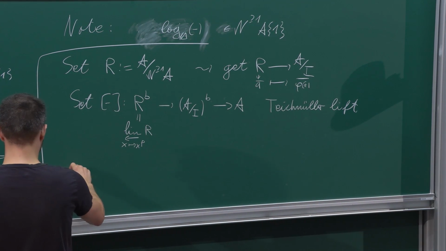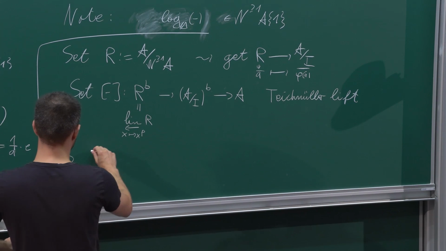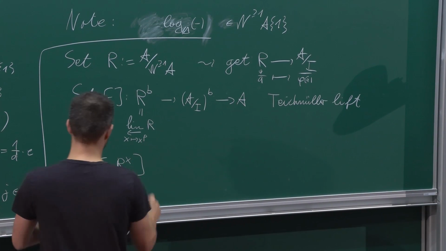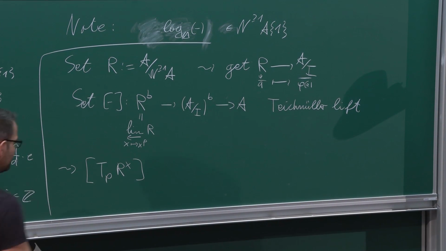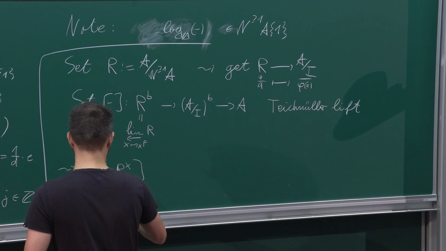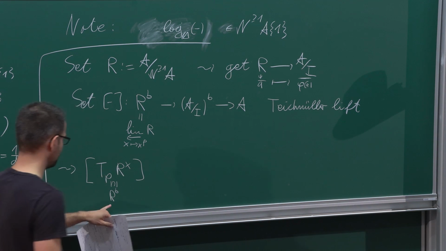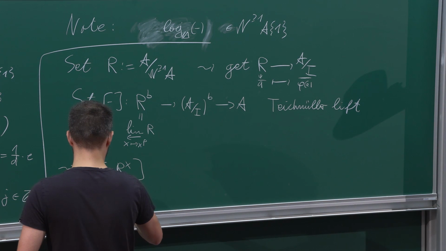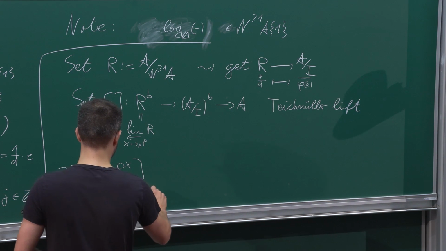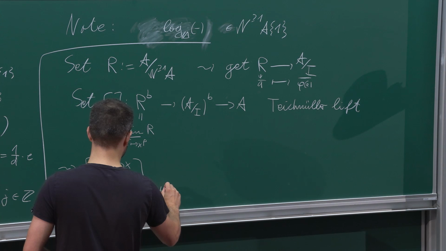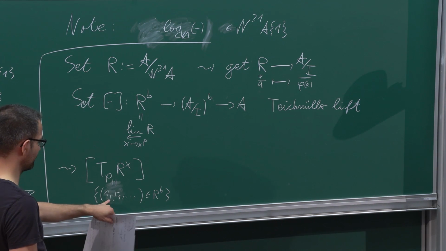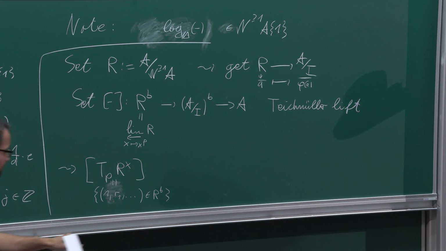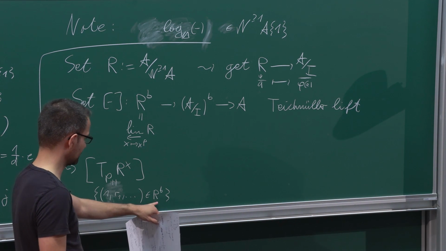And one can note the following. So if I look at the image of the p-adic Tate module of the units of R, this is equal to just p-power compatible systems of elements where the first term is equal to 1, so this sits inside the tilt.